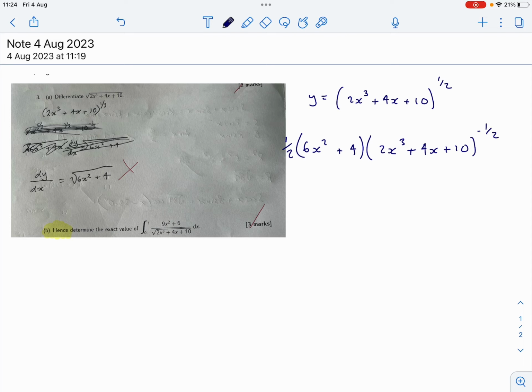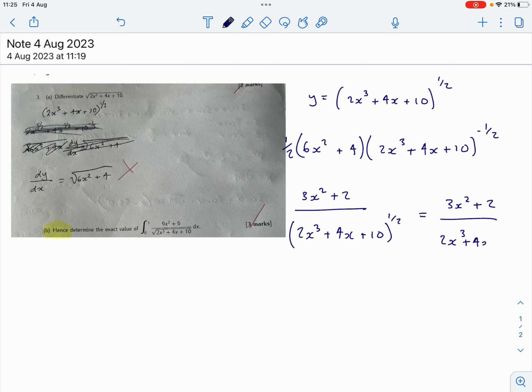Now if we tidy this up a bit, I've got 3x squared plus 2, and then if it's a negative power, that's the same as 1 over the positive power. So I can write this as an algebraic fraction, and I can have that as to the power of a half.